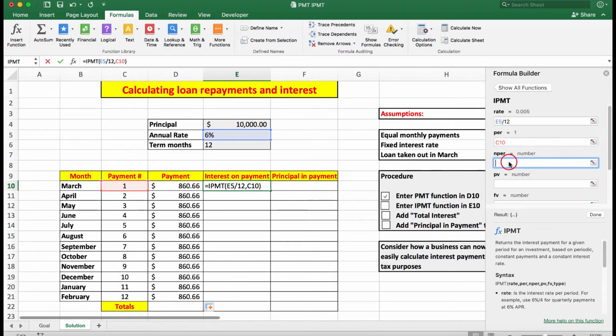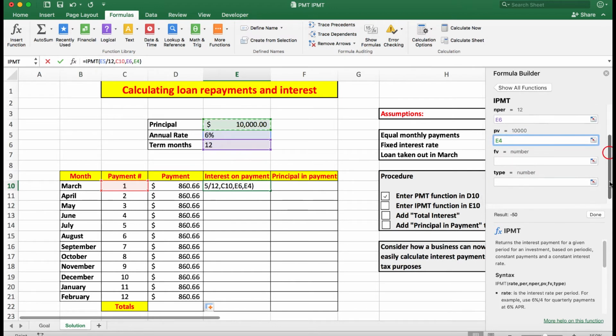The number of periods is in cell E6. The present value again is in cell E4. The future value again is 0, and the type is also 0, the same as we saw in the payment function. So let's click done.